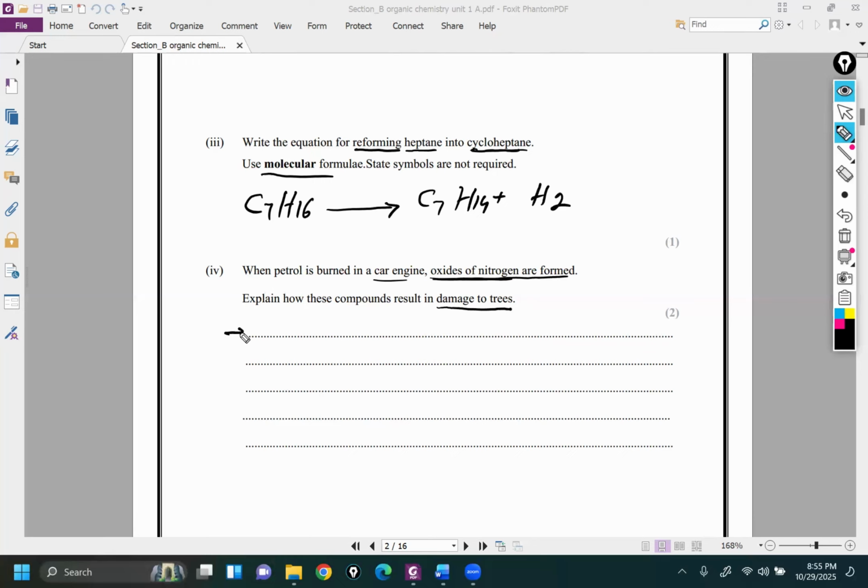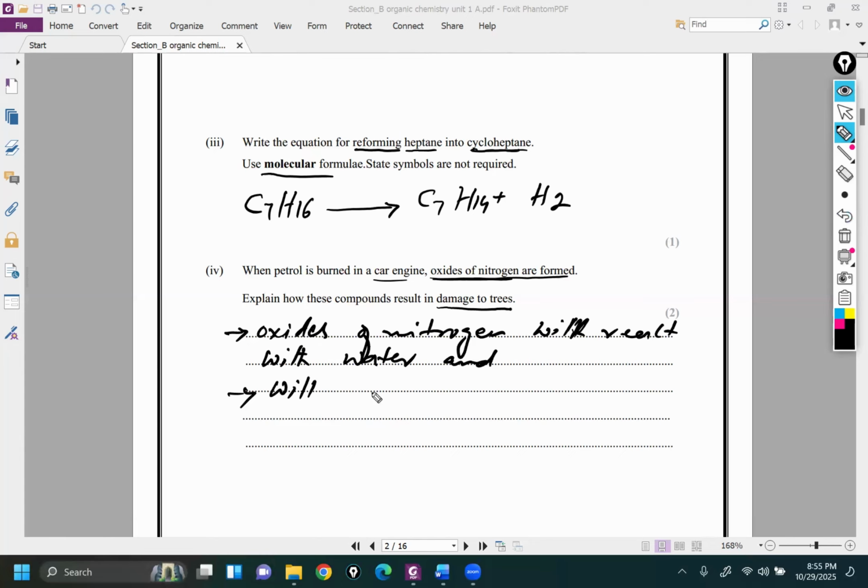So you can write for the first mark that oxides of nitrogen will react with water, first mark, and the second mark you can say and will produce acid rain.